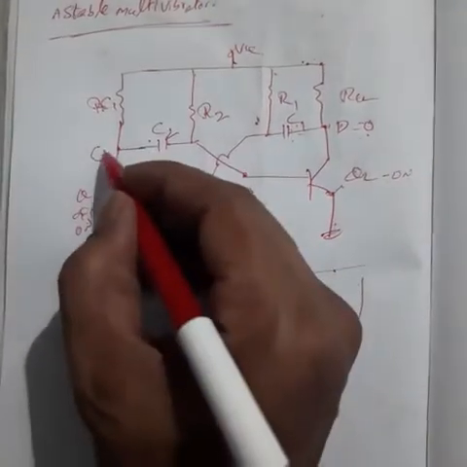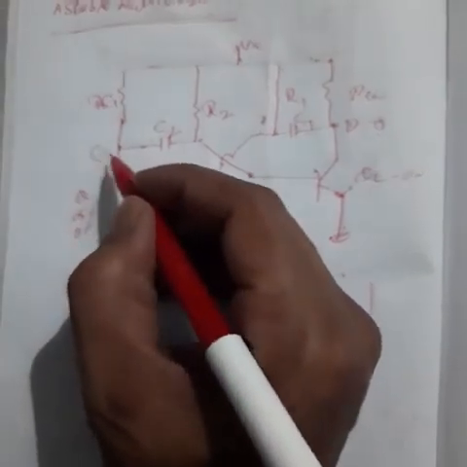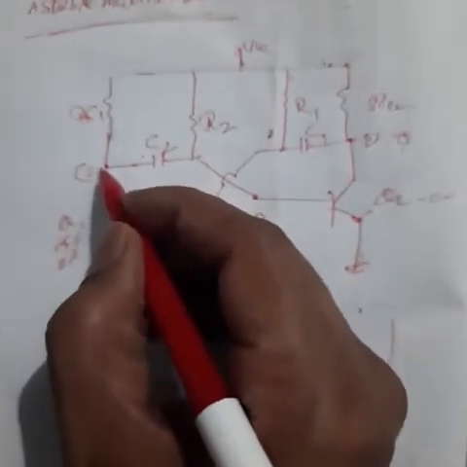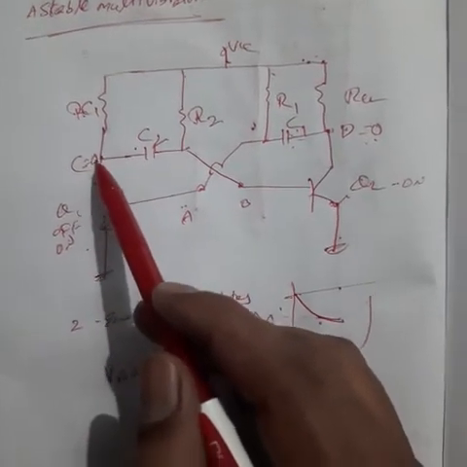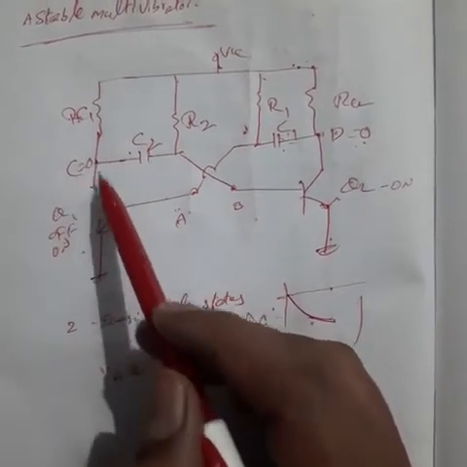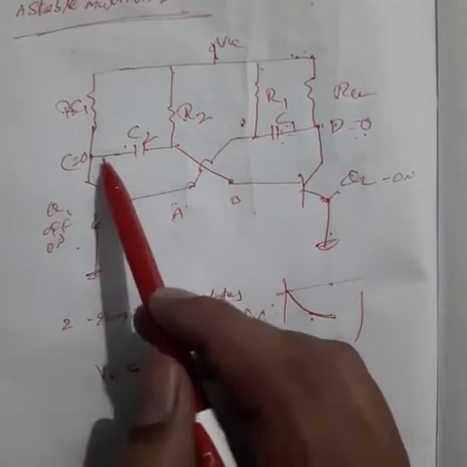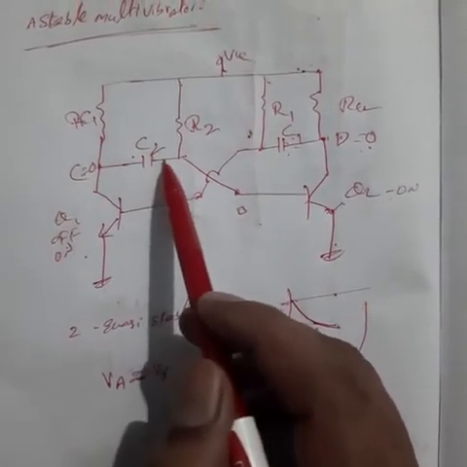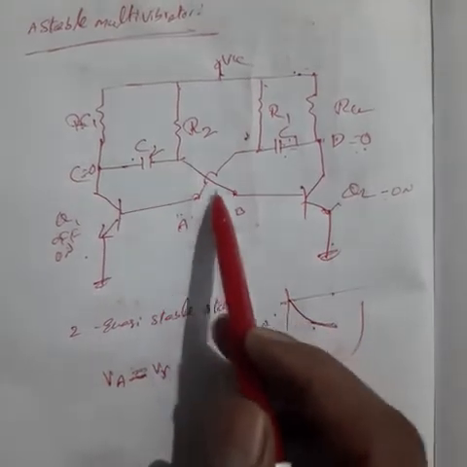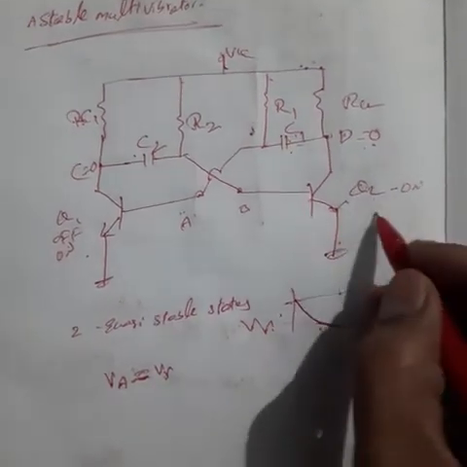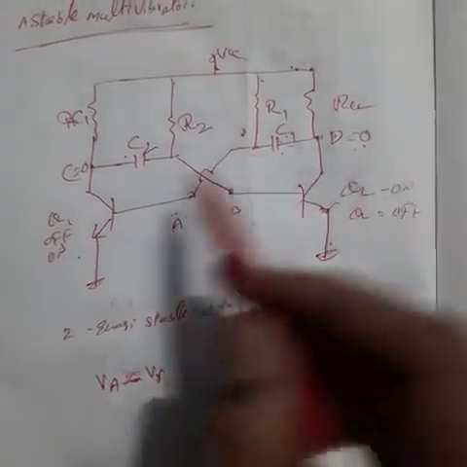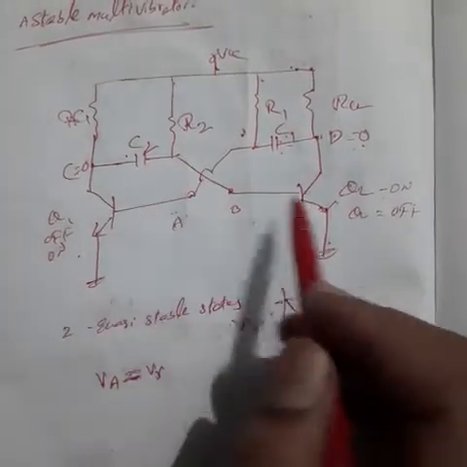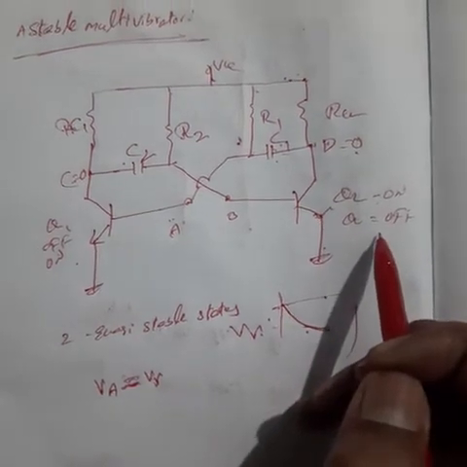If Q1 becomes on, the output voltage at Q1 is equal to 0, suddenly dropping to 0. Capacitor C2 just passes this sudden change to the transistor Q2, then Q2 becomes off.